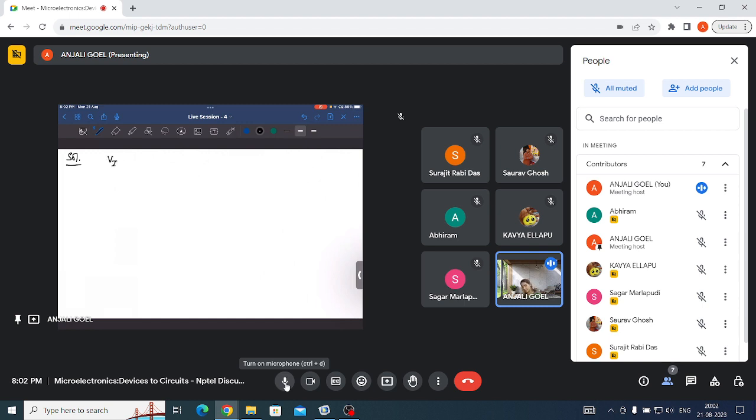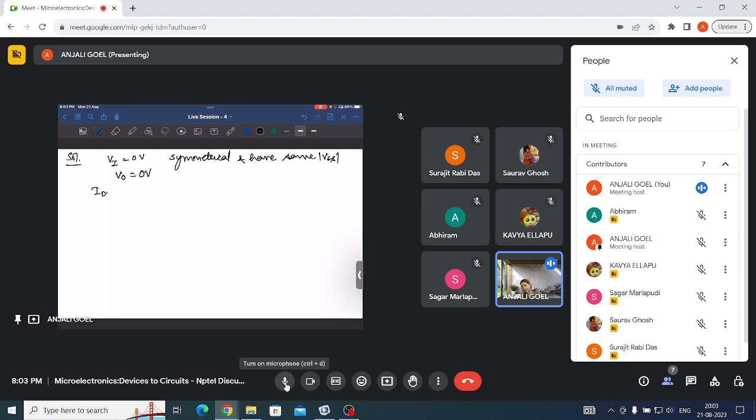Okay, so when Vi is equals to 0 volt, since this is symmetrical and have same VGS, your V out will be 0 volt.